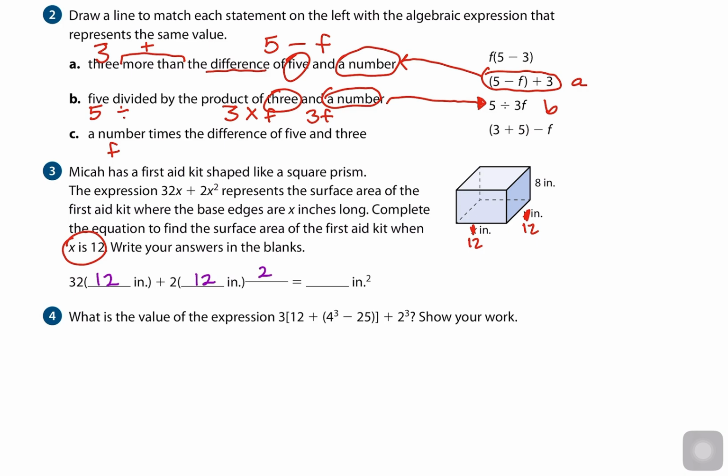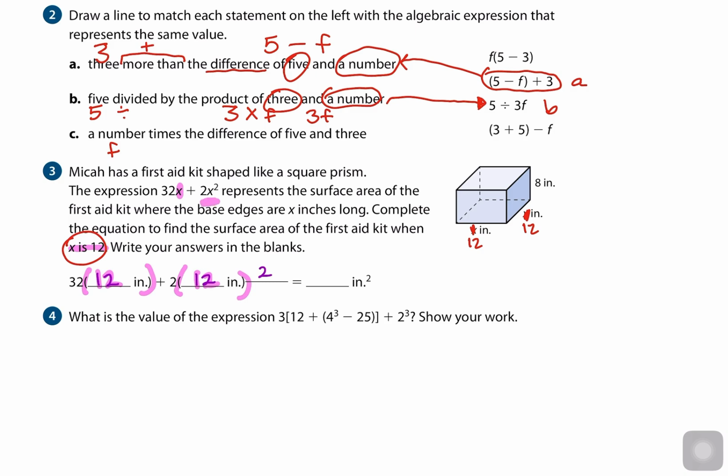Okay. Where did I get that from? Well, they told us, okay? They told us that x equals 12. And look right here. 32 times, remember parentheses means times 12. 2 times 12, right? This is us using this formula.